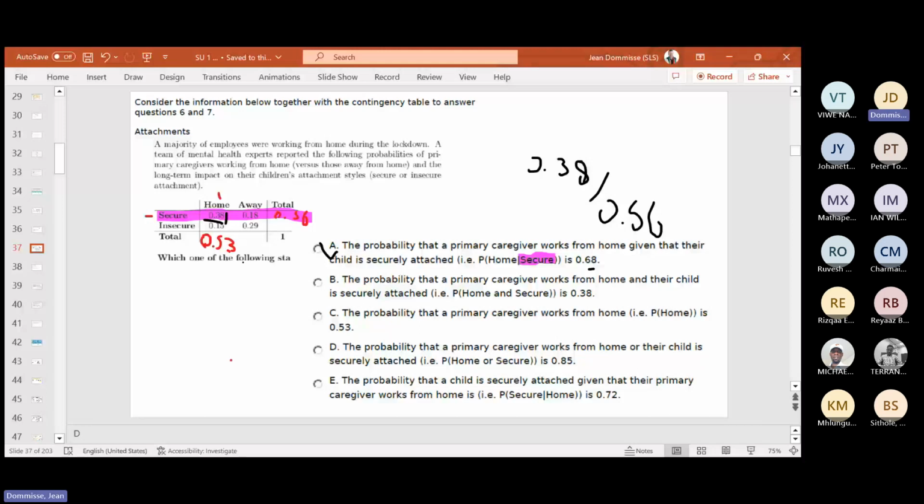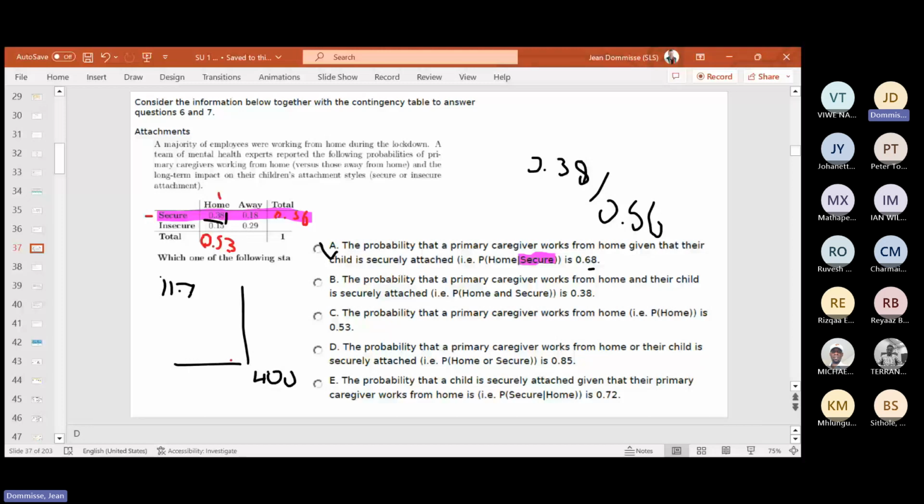If it was in numbers and not probabilities, say that was, and I'm just making up a number, 117, and the total was something like 400, then it would have been 117 divided by 400.